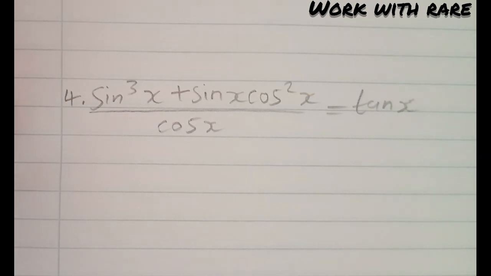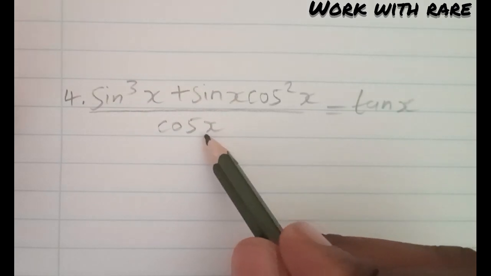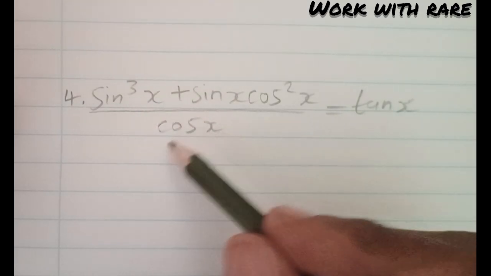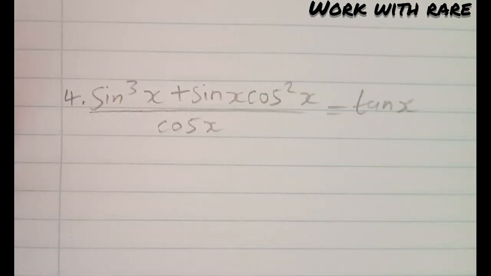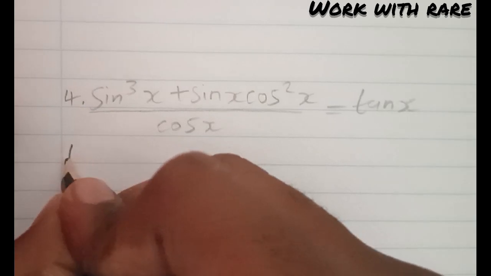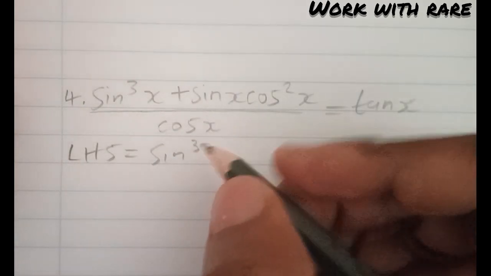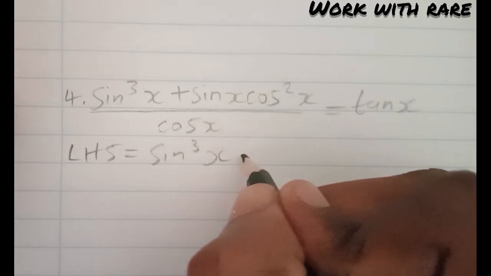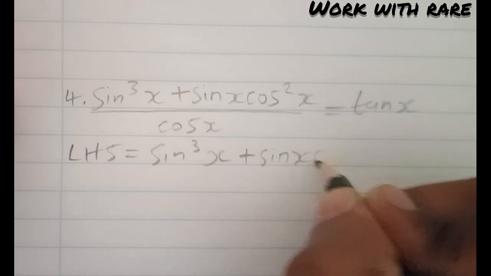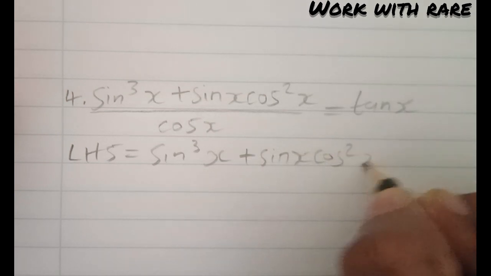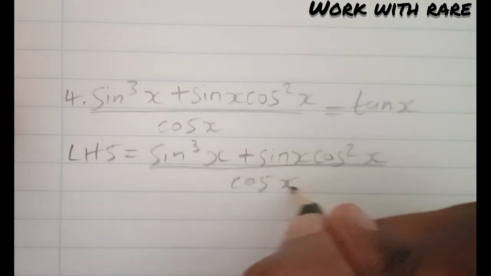Okay, and on our left hand side, we already have our denominator cos x, which means here we should have sine x. You see, so let's do it. Left hand side is equal to sine cube x plus sine x cos squared x, all over cos x.